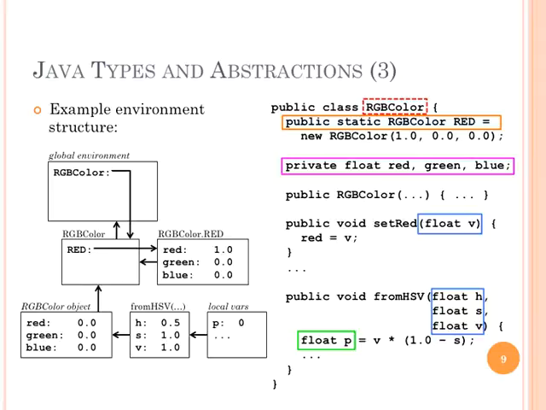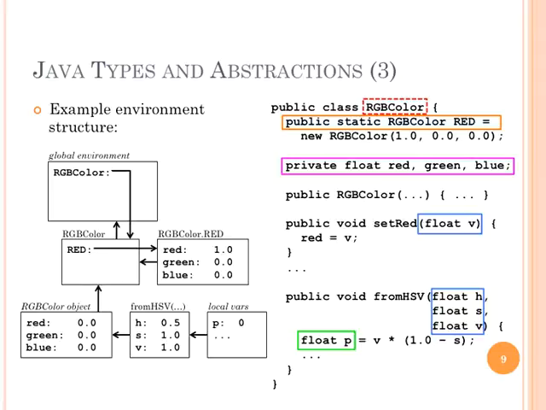So anyway, we have here an environment structure, the global environment. We have this RGB color name that we can use to refer to the RGB color class. In there you can see we have a class variable that refers to RGB color.red, so we call it red, and it's our object that just represents the red color.